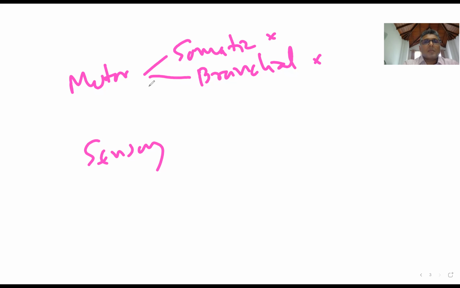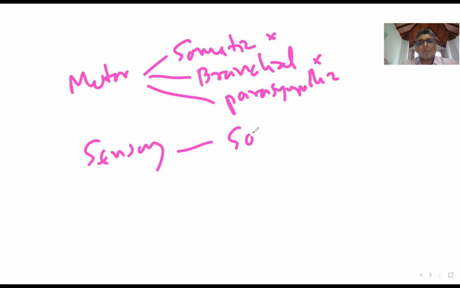Then there's another motor component which is the parasympathetic, but that is autonomic, not under voluntary control. So these are the motor components that can be there. Then when it comes to sensory, again you have somatic, because you get sensations coming from the skin.